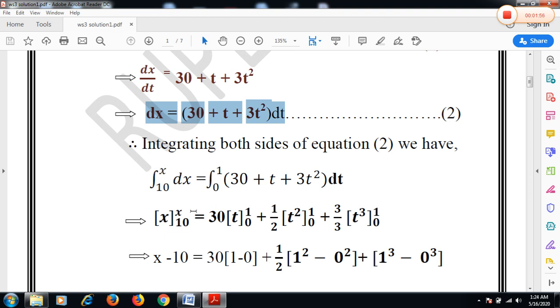So after integration we have x within the limits 10 to x, and the right side is 30t from 0 to 1, plus half t square from 0 to 1, plus 3 by 3 t cube from 0 to 1. After putting in all the limits, x minus 10 equals 30 into (1 minus 0) plus half into (1 square minus 0 square) plus, as the 3s cancel out, (1 cube minus 0 cube).